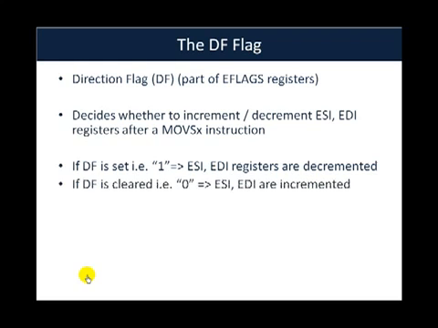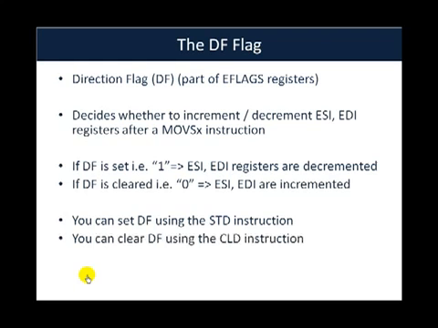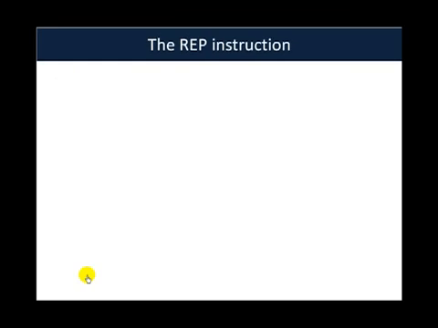If DF is cleared, that is having a value of 0, then ESI and EDI are incremented. Now one can set the DF flag by using the STD instruction, which is set DF flag, and it can be cleared by using the CLD instruction, which is clear direction flag.